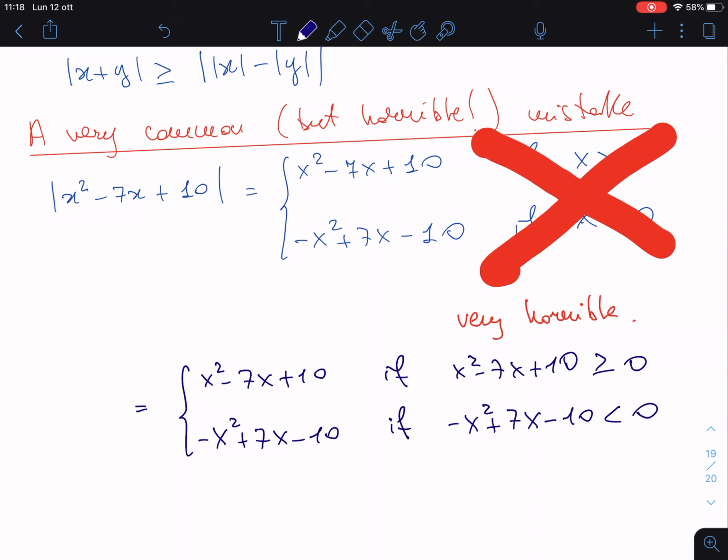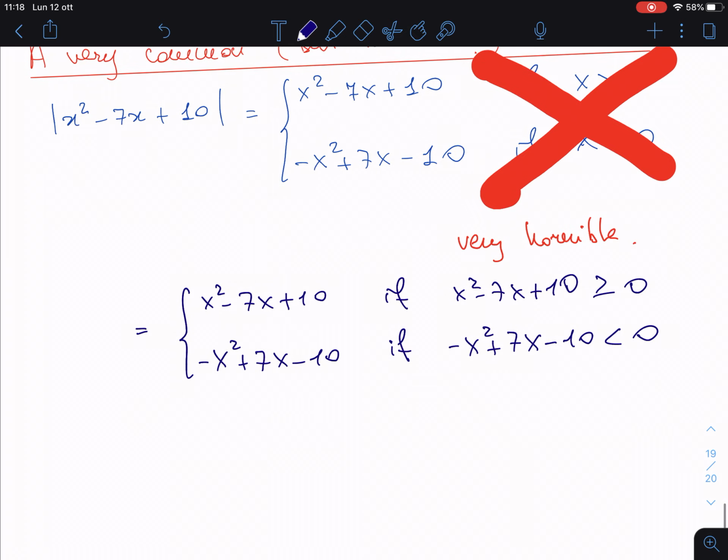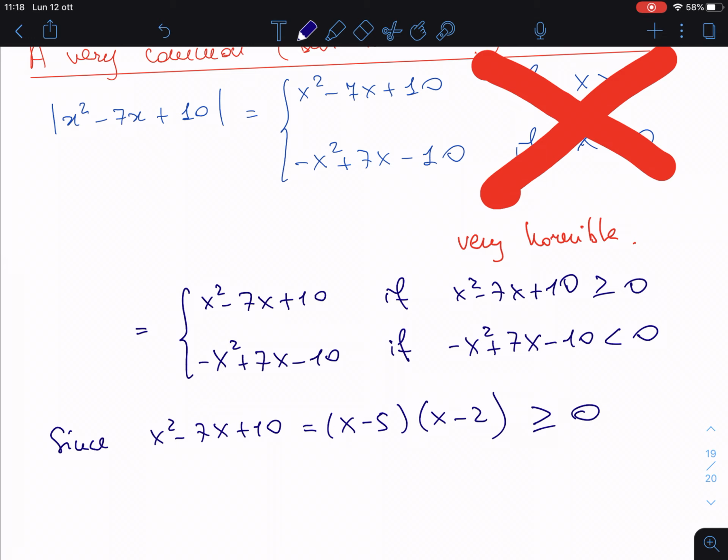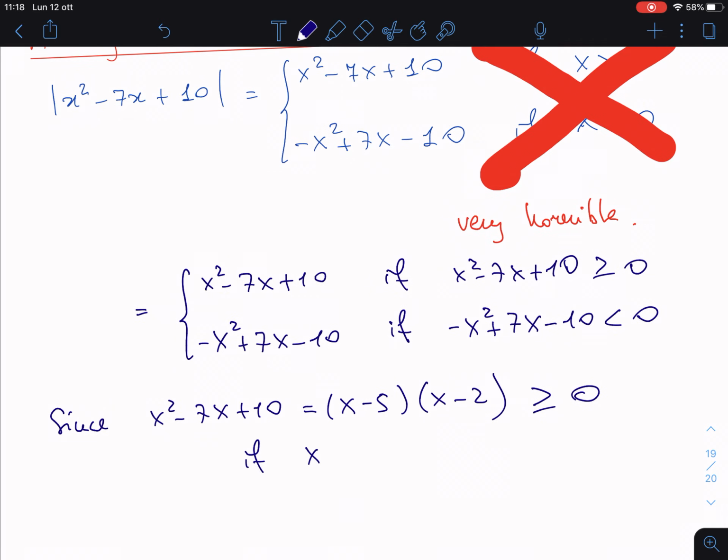But now it is not finished, because we are asked to specify for which values of x. Since x squared minus 7x plus 10 is equal to x minus 5 times x minus 2, there are these two roots. So this will be larger or equal than 0 if x is larger or equal than 5, so both factors here are positive, or x smaller or equal than 2.